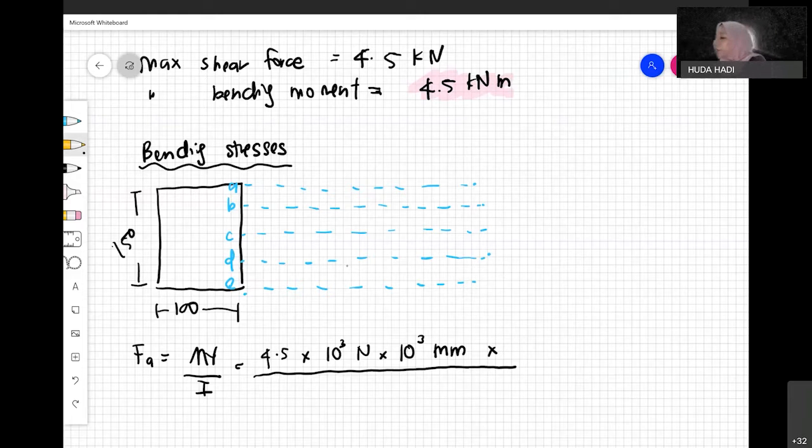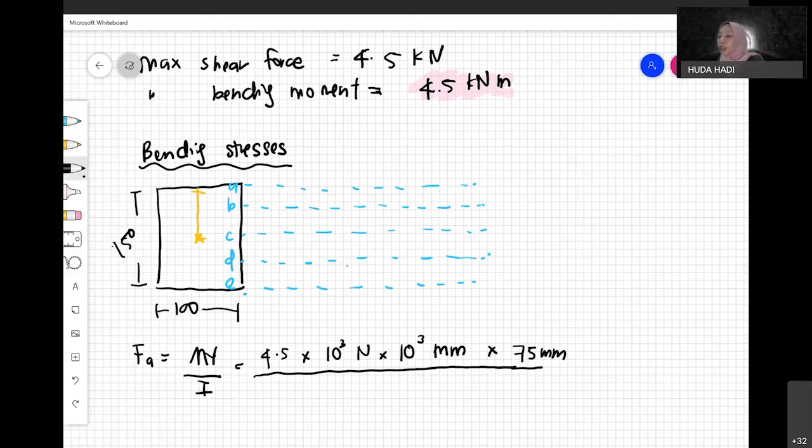Y 75 distance adalah dari A sampai centroid. Centroid should be around here, mestilah dekat tengah-tengah kan. So daripada point A sampai centroid adalah 75. So put here 75 mm.